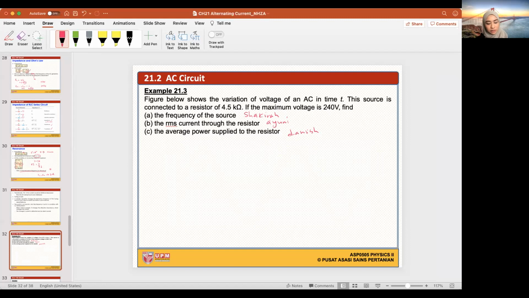Boleh? Yes, Doctor. Okay, lemah tak apa. Sikit lagi nak habis dah kelas. I'm going to give you 10 minutes. So 12:32. Let's discuss this one. Everyone else, please try yourself juga.